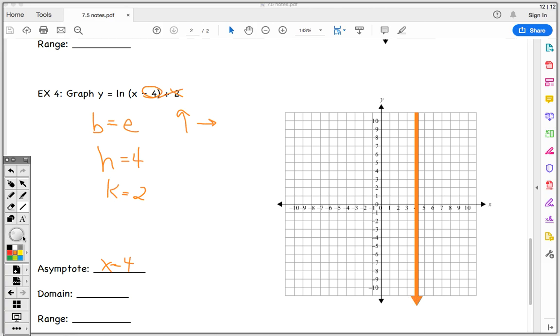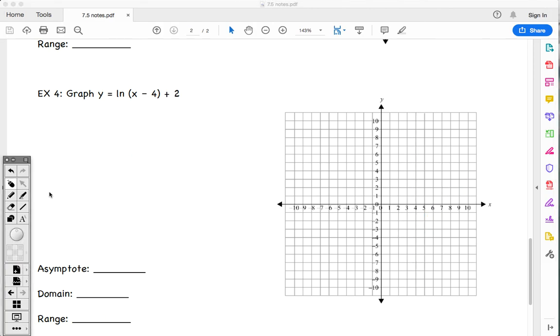Then we do up and to the right. That means our domain is everything greater than 4. And our range is all real numbers.